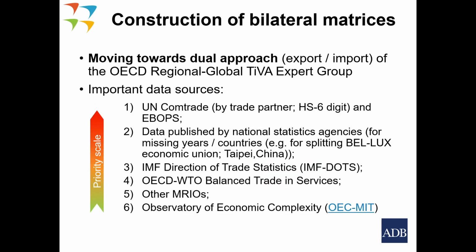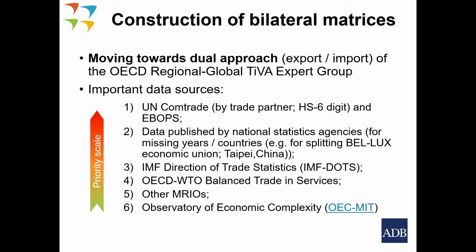The main data source we use for building the bilateral trade matrices is the UN Comtrade database, which is available by trade partner and is HS classified up to 6 digits. We also used the expanded balance of payments statistics, which were mapped into the ADB-MRIO sectors.